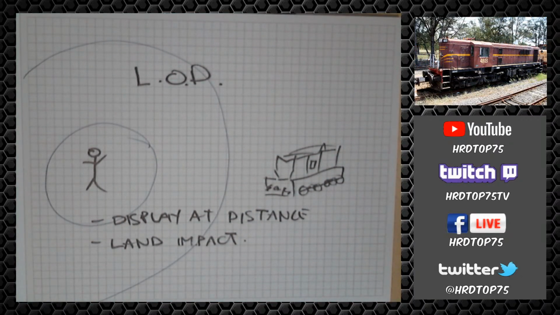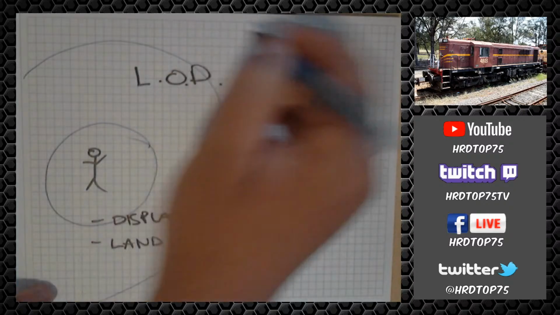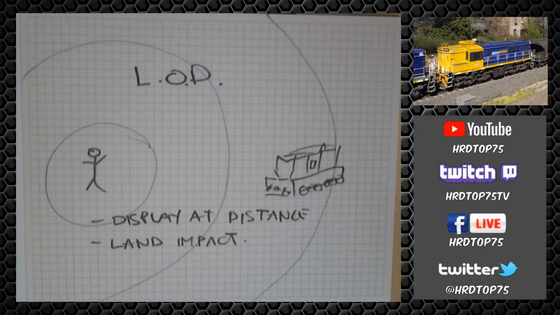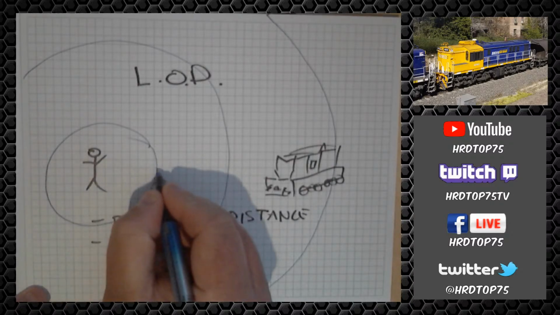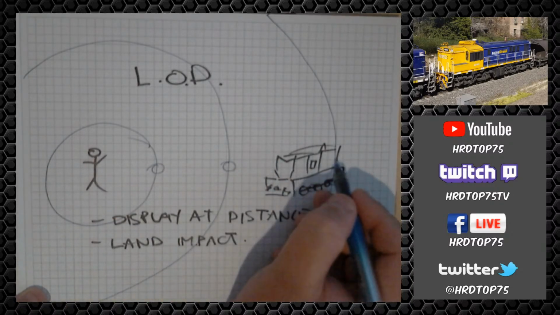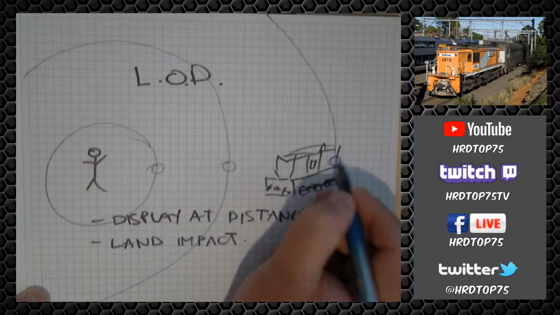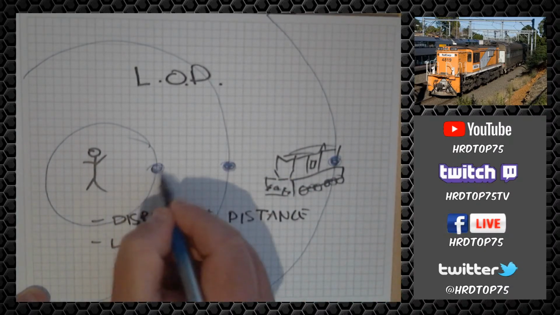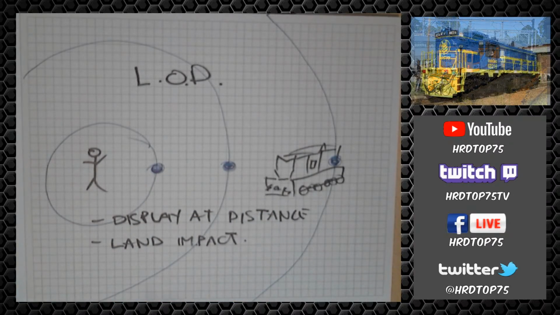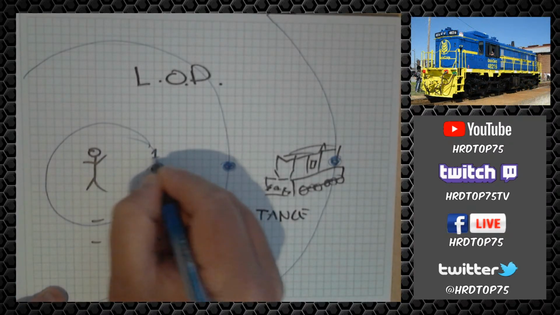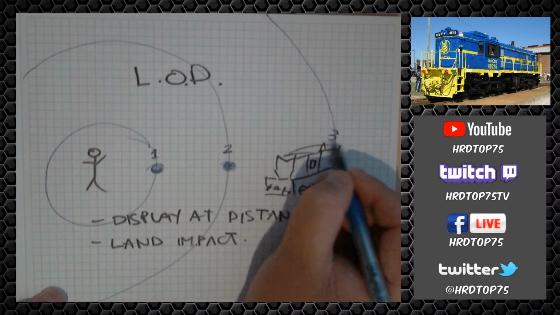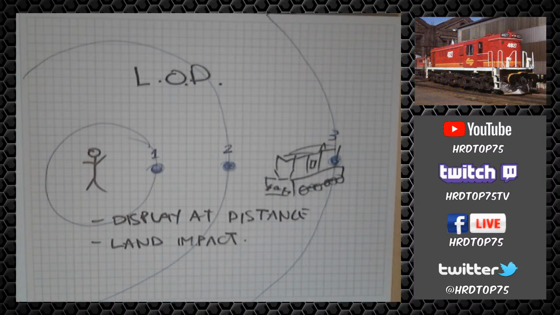There's your second level of display. And then there's your third level of display. So, 1, 2, 3. I really shouldn't have picked that one. Anyway. 3 levels. 1, 2, and 3.